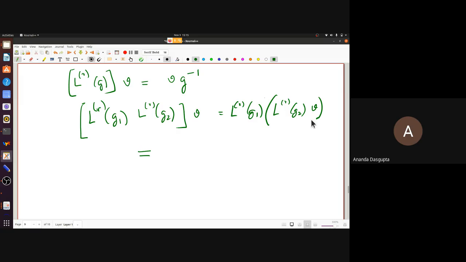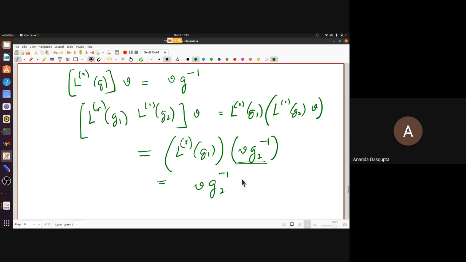So what is LRG2 on V? By our rule, LRG1 is still outside, waiting for its turn to act. But LRG2 on V is V G2 inverse. Then what will LRG1 do to that? We'll take V G2 inverse and multiply that from the right by G1 inverse.